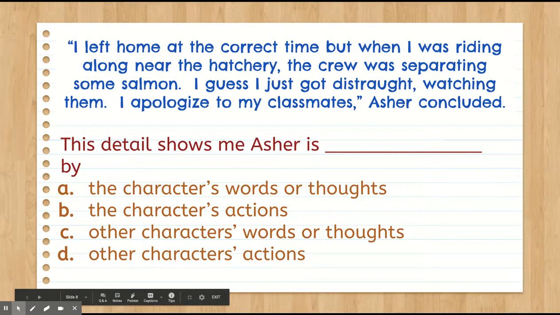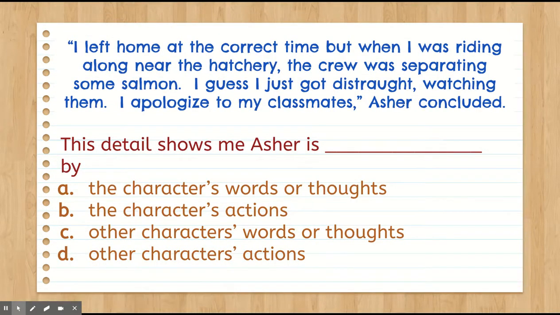All right, now we have a practice question. It says, I left home at the correct time, but when I was riding along near the hatchery, the crew was separating some salmon. I guess I just got distraught watching them. I apologize to my classmates, Asher concluded. So this detail shows me Asher is blank by blank.